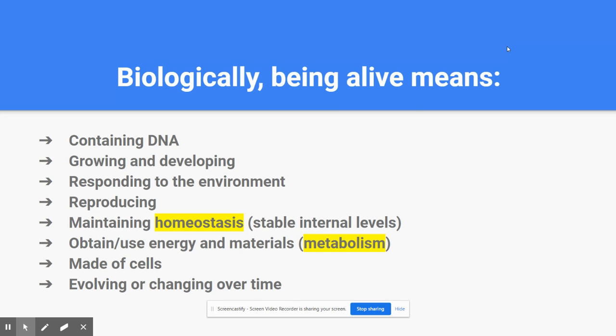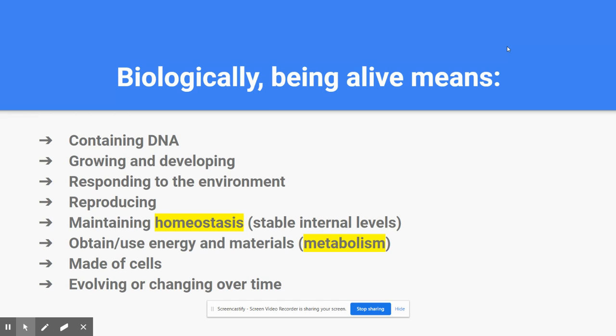We need to have DNA, must be something that can grow and develop, must be something that can respond to the environment, must have the capability of reproducing, must maintain stable internal levels. We call that homeostasis. Obtains or uses energy and materials. That's called your metabolism. Must be made of cells and must evolve or change over time.